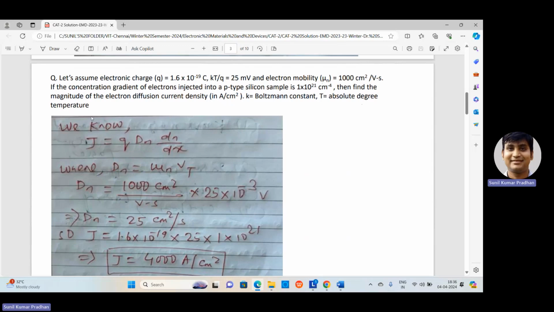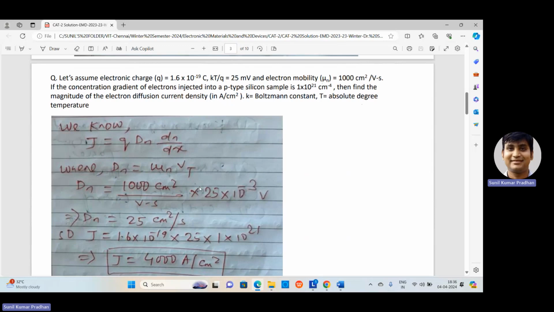So the current density can be represented by this relation: Q Dn dn by dx. What is Q? Q is the electronic charge. Dn is the diffusion constant for electrons. dn by dx is the electron concentration gradient, that is, change of electron concentration with respect to distance.